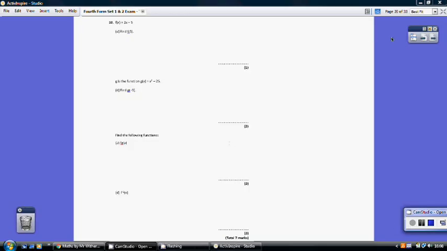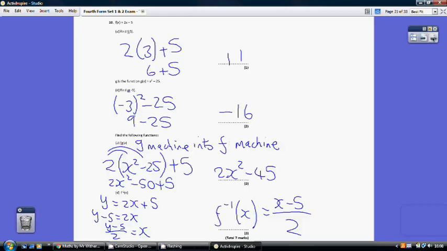Question 10. So for part A, we're being asked to find f of 3. So that's simply what happens when we put an input of 3 into the f function. So we just pop 3 into this. So 2 3s are 6, 6 add 5 is 11. Now for part B, we're being asked to find g of minus 3, so that's just when we put minus 3 into the g function.